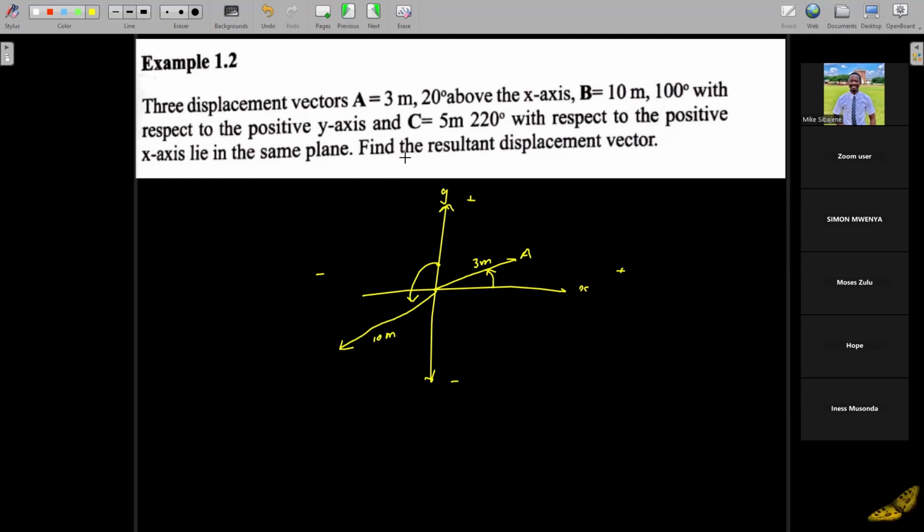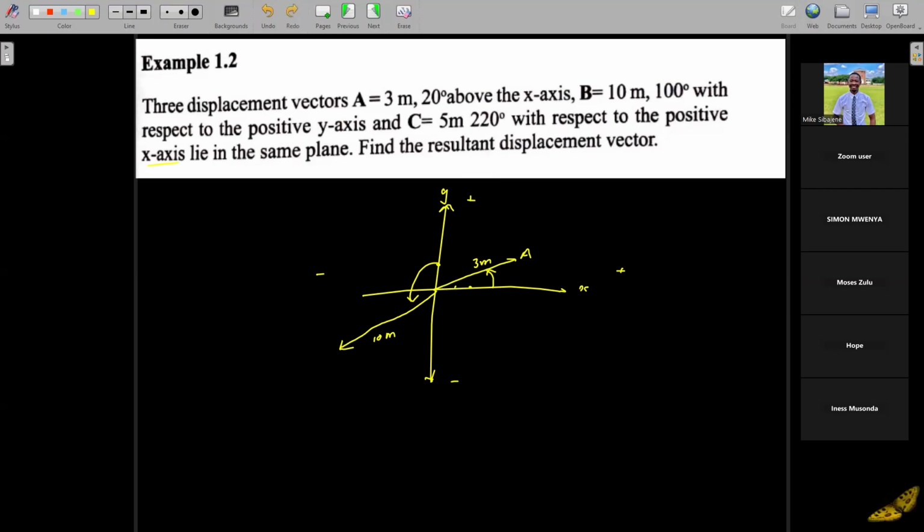Let's go to another point, C. They said it is 5 meters and it is 220 degrees with respect to the positive x-axis. This one is saying with respect to the positive x-axis, so when you begin to rise, you start from this point, not the y line. Starting from this point, going that direction, I want my angle to be 220 degrees.